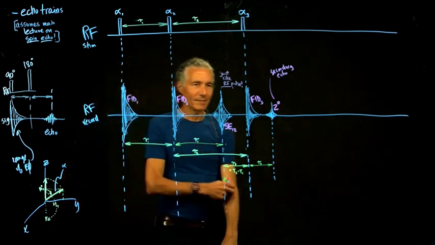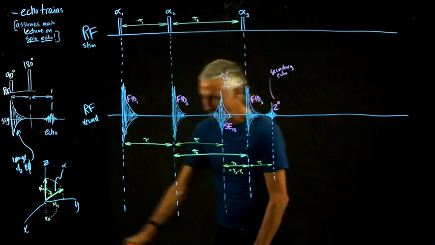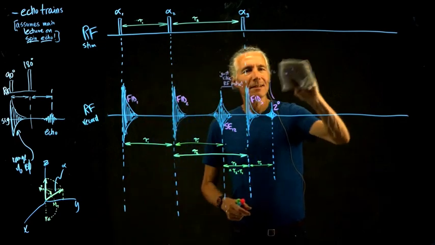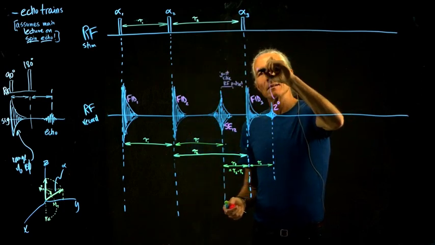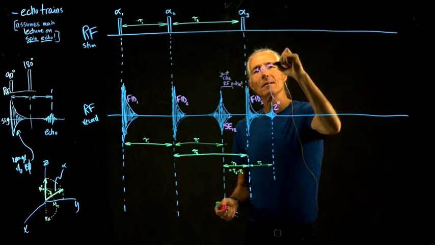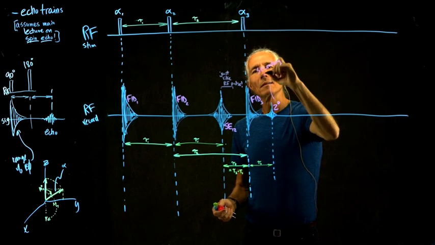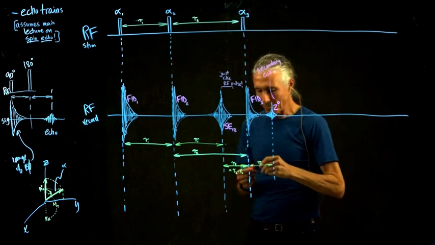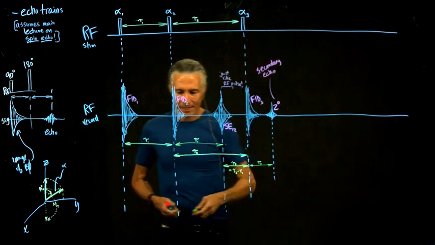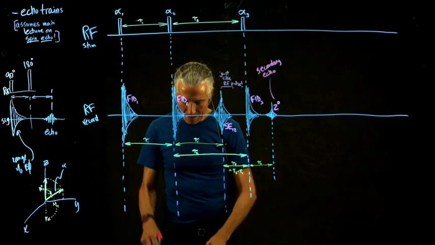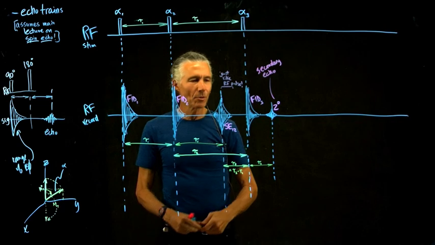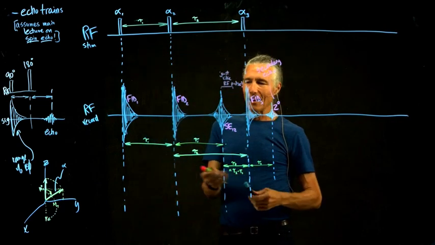So then what happens? Now we get to the one that's the hardest to understand. What happens now is an amount of time equal to tau 1.